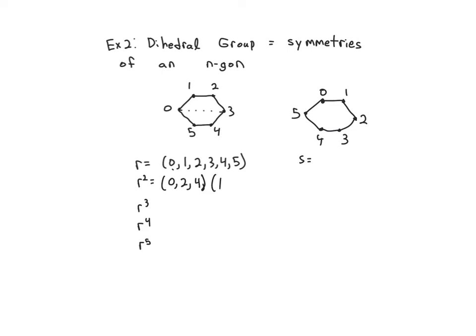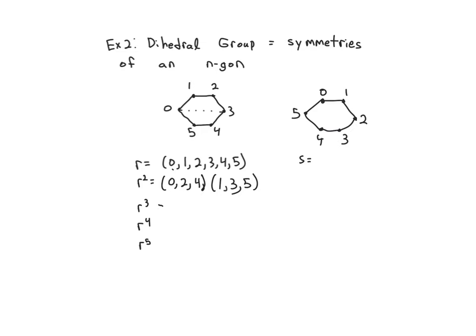We still need to look at 1. Skip counting by 2, 1, 2, 3, 1 goes to 3. Skip counting by 2 from 3, 3, 4, 5, 3 goes to 5, 5, 0, 1, we close off. So there's r squared. And you can check if you rotate twice, 0 does go to 2, which goes to 4. This triangle permutes among itself, and this triangle permutes among itself.